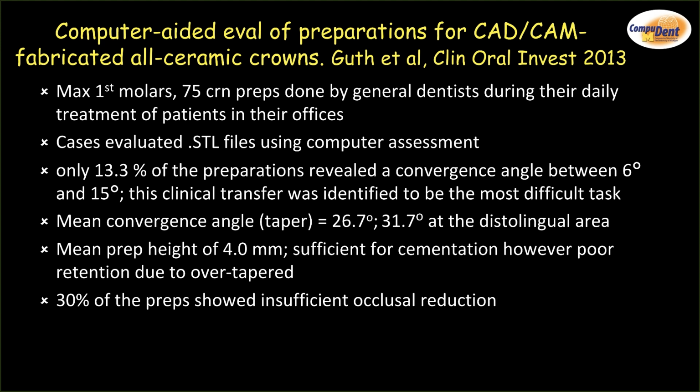Those tend to be over-tapered more than any other part of the tooth. When they looked at the mean prep height of 4 millimeters, they found that wasn't a problem for a lot of doctors to achieve in general, but they tended to have poor retention because they were over-tapered. And 30% of the preps showed insufficient occlusal reduction.